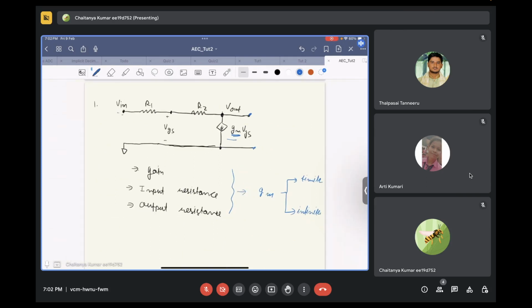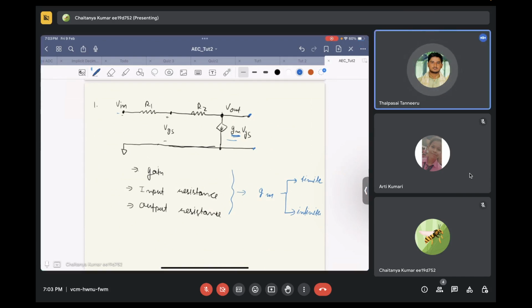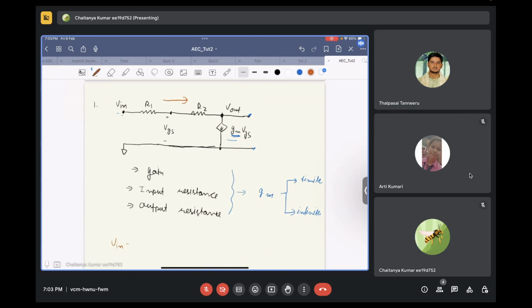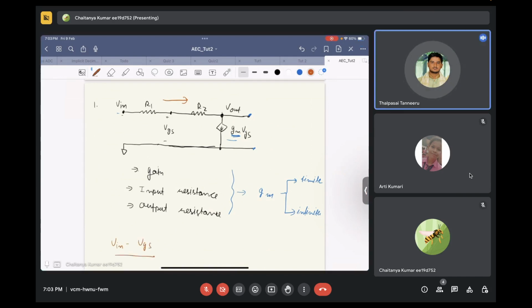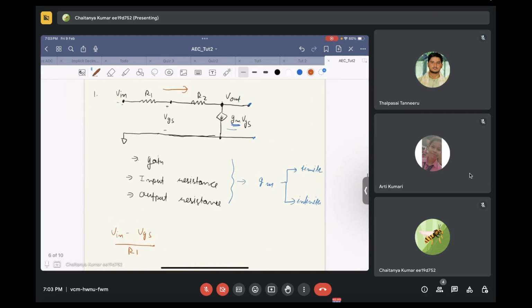So let's try to find the gain first. Can you help me find out the gain? Okay, so what will be the current in this branch? Sir, Vin minus VGS by R1, sir. Vin minus VGS by R1. Okay. What else?